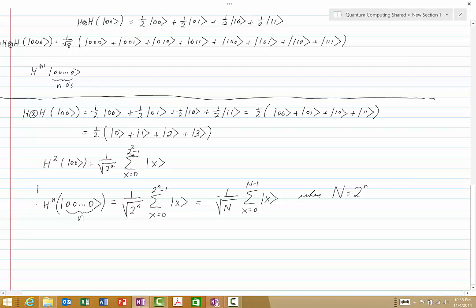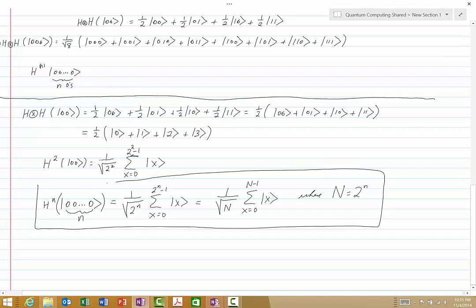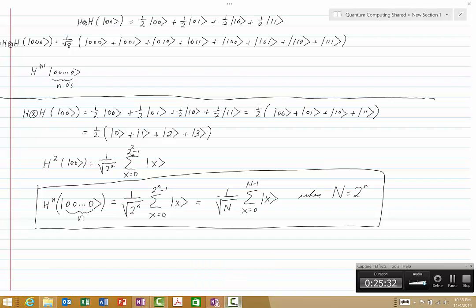This piece of information here, describing the effect of applying the Walsh-Hadamard transform to the n-qubit state that consists of all zeros, is important, and it's something that we will be using repeatedly in the very near future. So make sure you understand this.